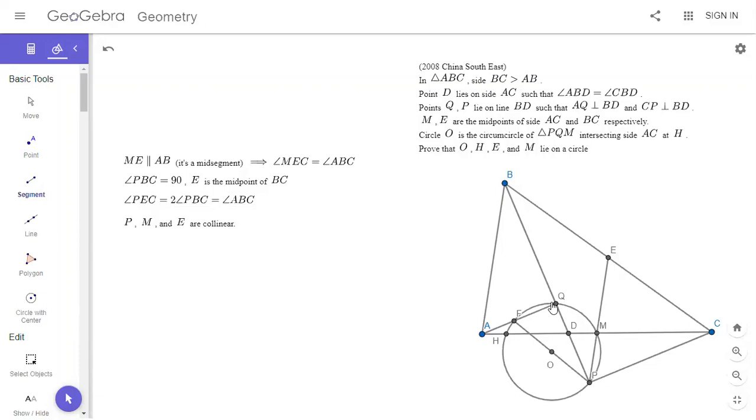How do we know HOM? Because then we know HOM and BEM. Because MQD is equal to CBD.